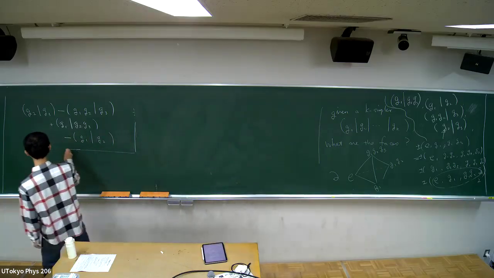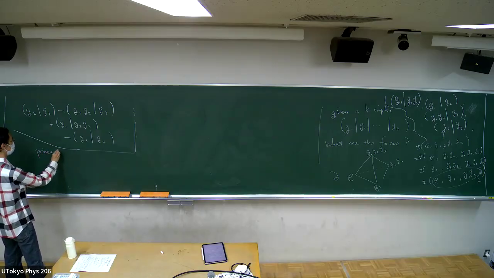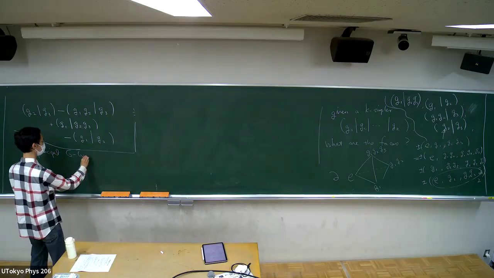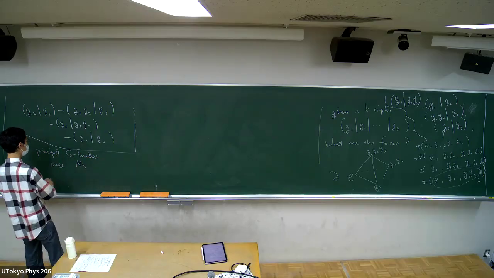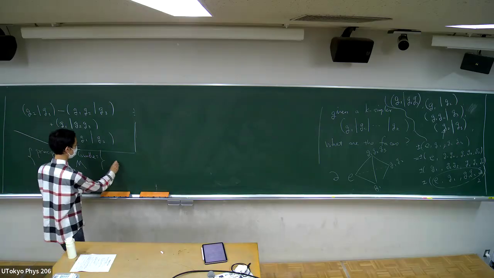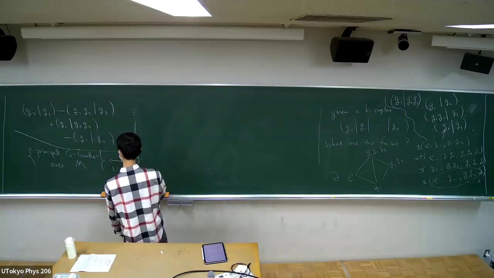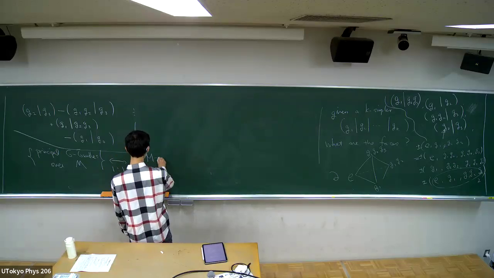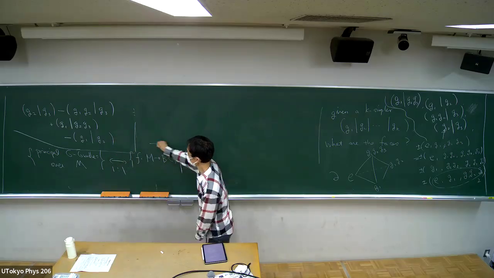So the definition of classifying space of G is such that principal G bundles over M up to bundle equivalence is in one-to-one correspondence with homotopy classes of maps from M to BG, right?